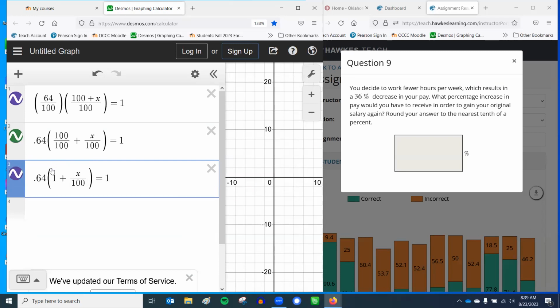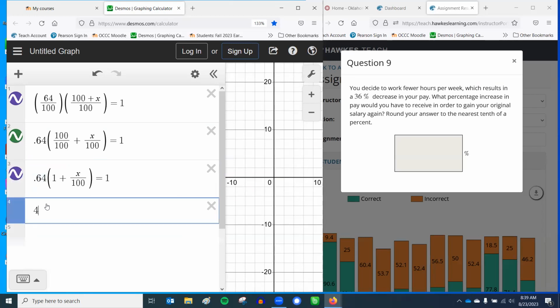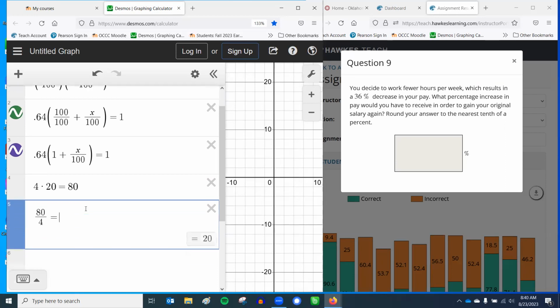equals 1, right? Now remember my multiply rule that we just said? So we said 4 times 20 equals 80 can be rewritten as 80 over 4 equals 20, right?